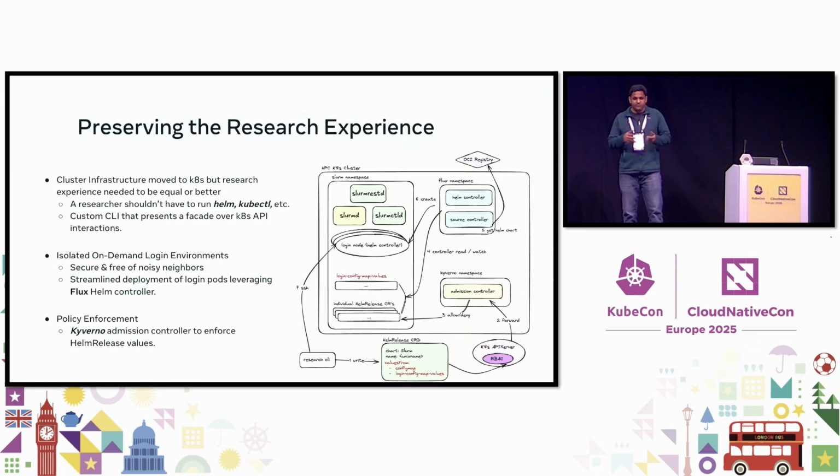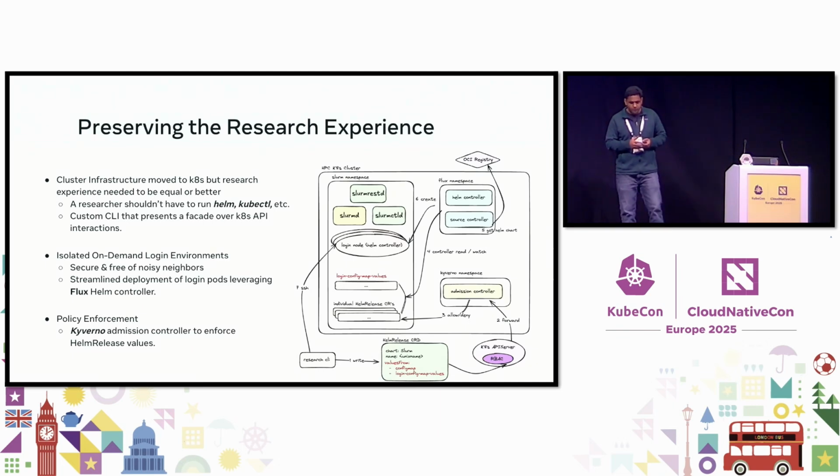Typically when the researchers log in, they just run Slurm commands to run their workflows, and we wanted to keep that the same. Because on Kubernetes now, you have to run Helm, kubectl, things like that to interact with the cluster. We did not want researchers to learn all that or change their workflows across various environments. So we wanted to completely avoid that.